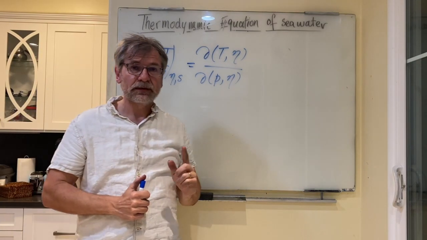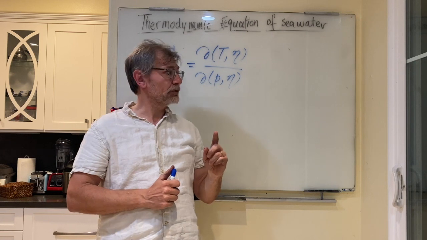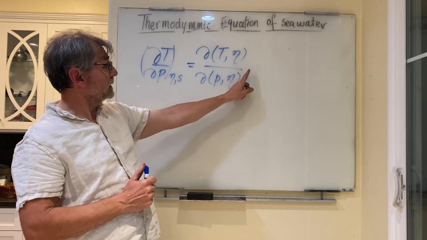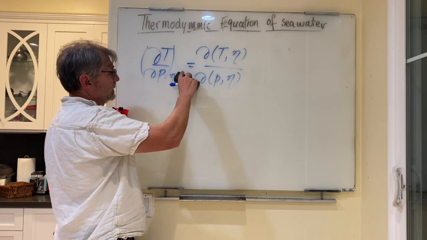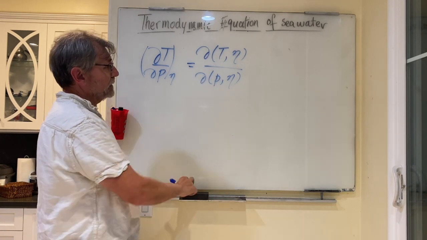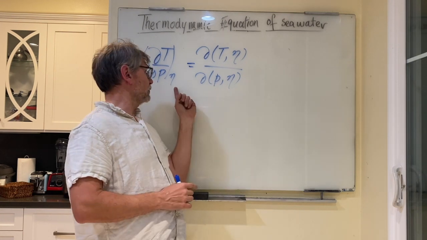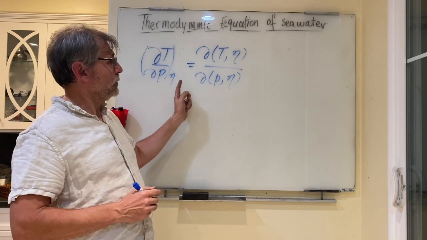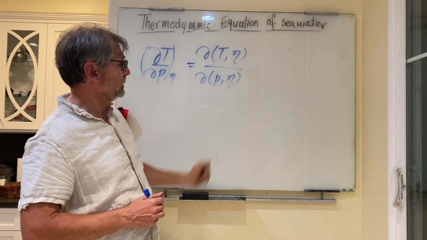The next step is to remember that the Gibbs function for seawater is a function, well, I could have added the salinity in here also, but to make the derivation simple, I'm going to take it for granted that salinity is constant and imagine that my Gibbs function is not a function of salinity. We're going to hold it constant anyway, just to keep out the extra step of having to repeat the S at the top and the bottom.